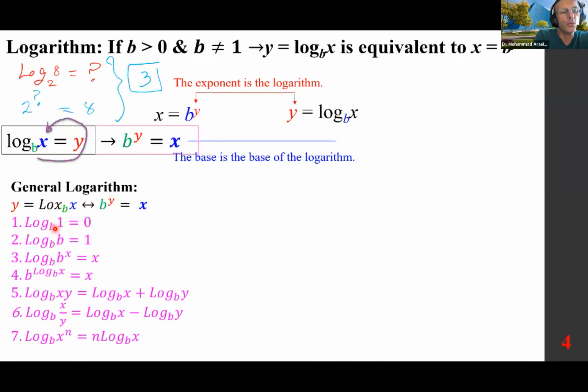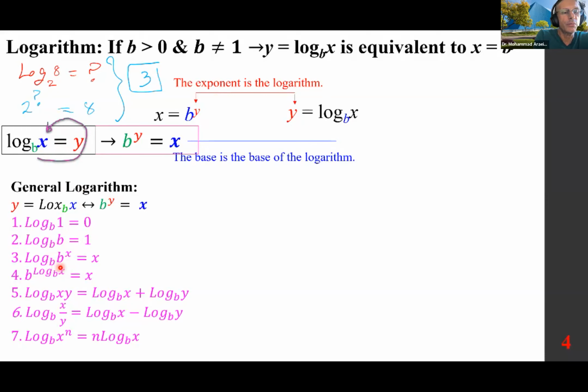Log of 1 with any base is 0. Notice if you go with this arrow, b to the power of 0 is 1. Log of b base b equals 1. Again, b to the power of 1 is b, which says if the argument of log, this is the argument, this is the base, is identical to the base, the answer is 1.